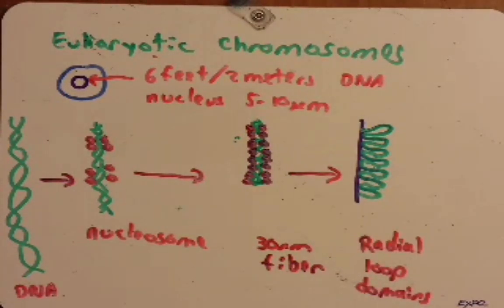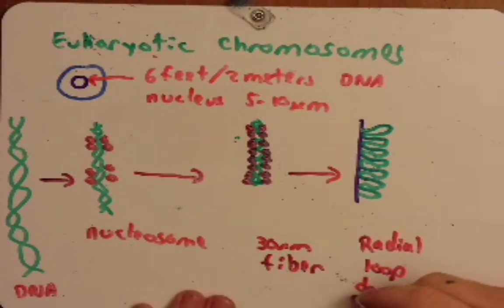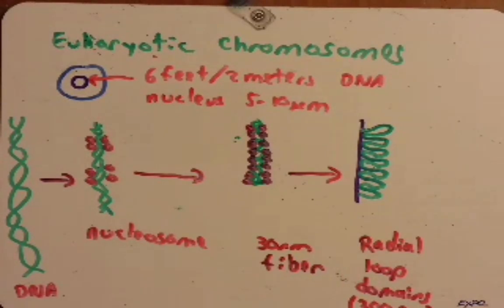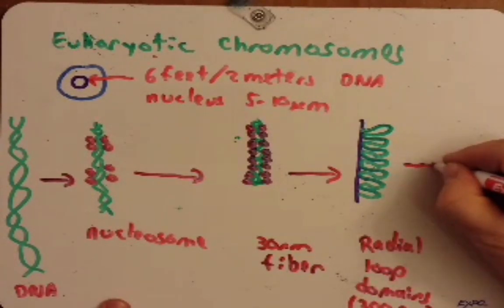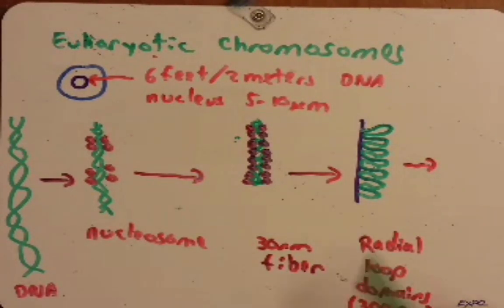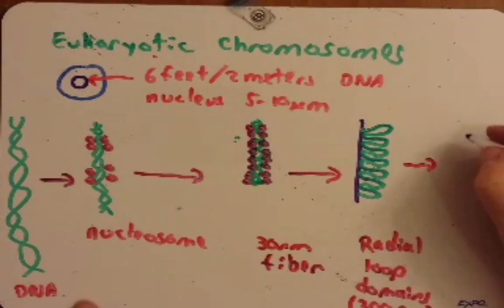This is also called the 300 nanometer form. Then these loop domains that are attached to the scaffolding proteins will further compress. It mainly does that by the scaffolding protein folding upon itself.